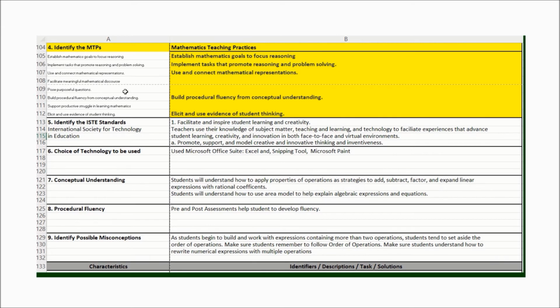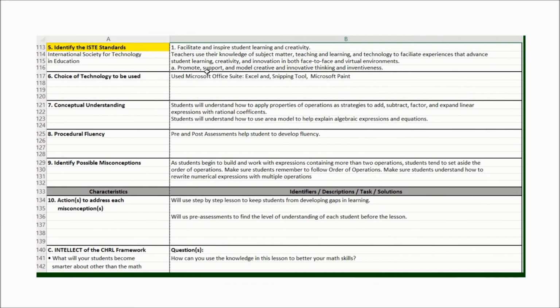So here I chose 1A, facilitate and inspire student learning and creativity. Teachers use their knowledge of subject matter, teaching and learning, and technology to facilitate experiences that advance student learning, creativity, and innovation in both face-to-face and virtual environments.